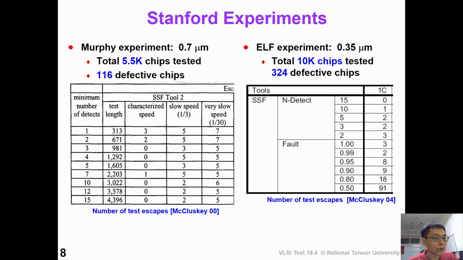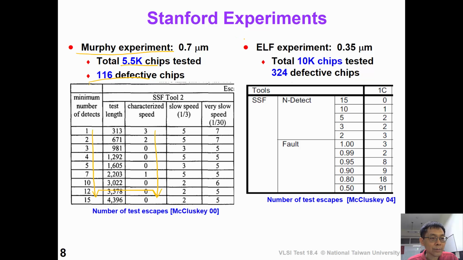Now let's see some real experimental results. Stanford performed an experiment on a 0.7 micron chip, where 5.5 thousand chips were tested, and 116 of them were defective. As we increase the number of N, we can see that the number of test escapes decreases, which shows that N-detect is very effective to improve our DPM.